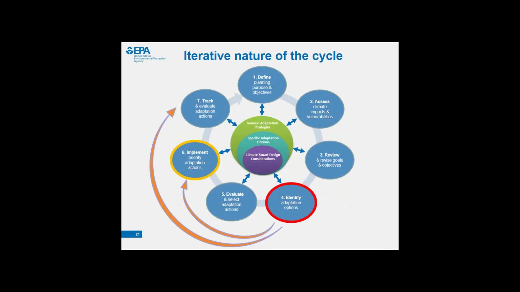Identifying your indicators or metrics to measure success will, hopefully, directly inform or prepare you for step 7, because the goal, after implementation, is to track and evaluate success so that one can continue to make improvements through time.